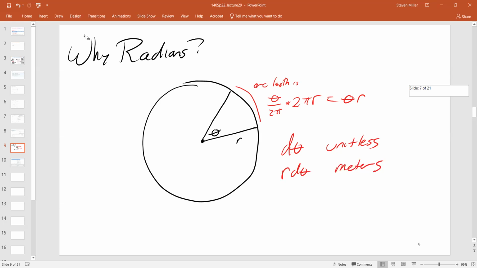But I want meters squared. So what would be meters squared? How would I get meters squared using r's and d thetas? What can I do to get from r d theta to meters squared?